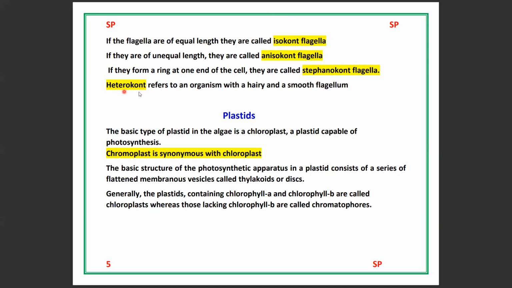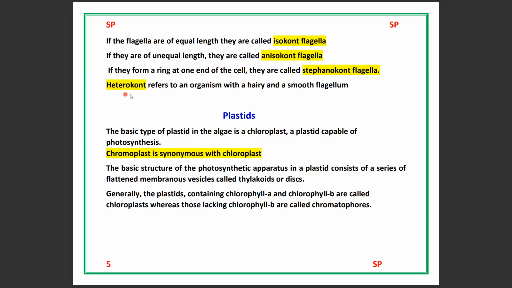And heterokont refers to an organism with both a hairy and a smooth flagellum. Heterokont means that on the cell, one is whiplash and the second one is tinsel. Whiplash, tinsel: different types of flagella are present.